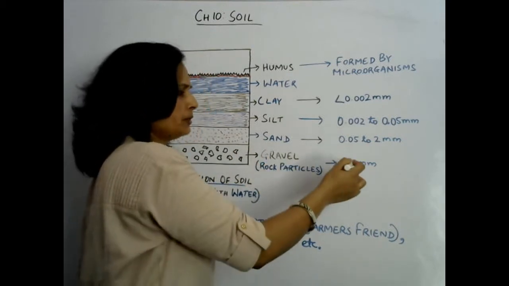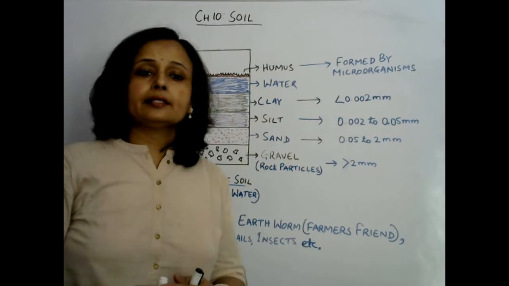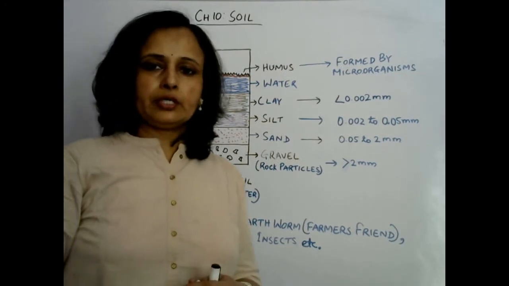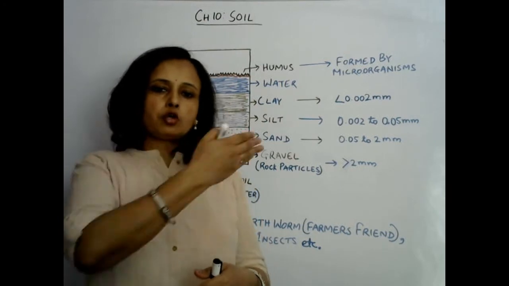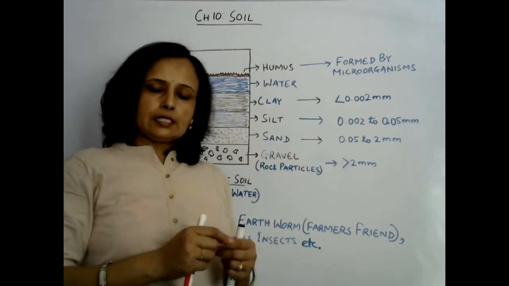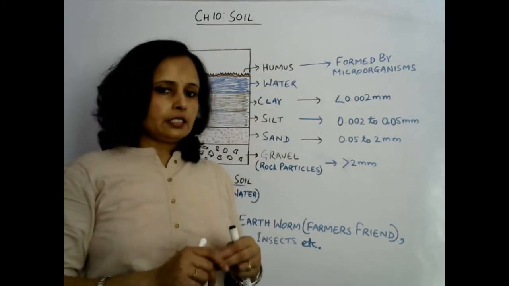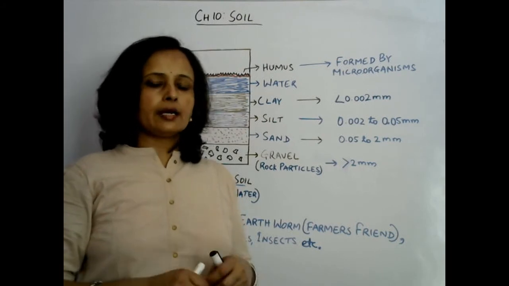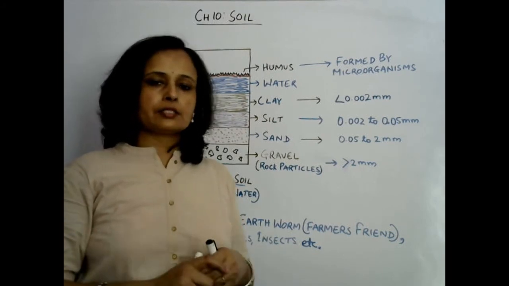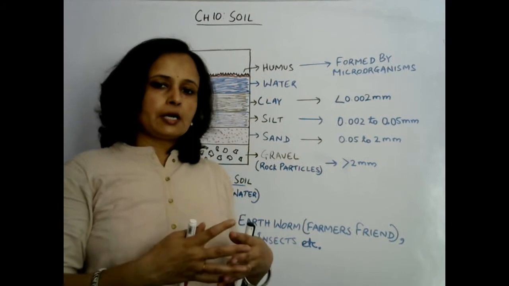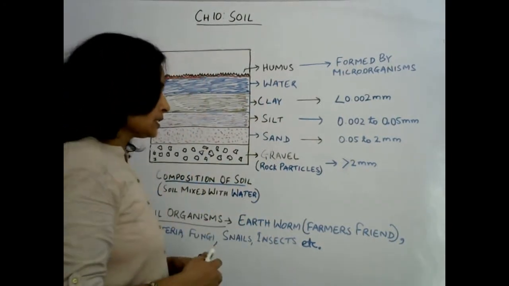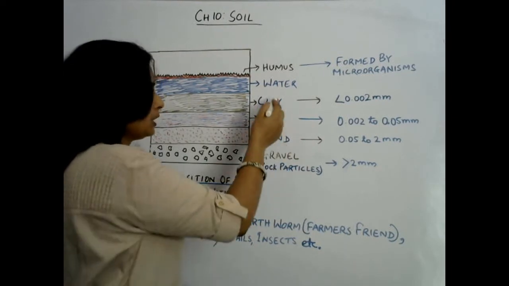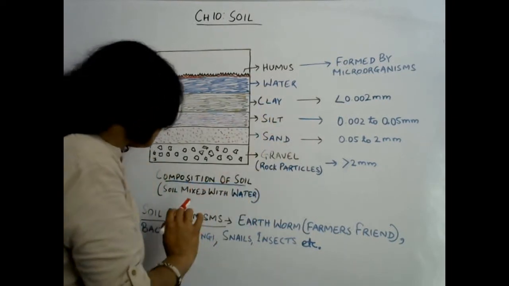And the size of gravel is greater than 2 millimeter. Okay, so we can see the comparison of size from top to bottom. Clay is the smallest one, then silt is a little bit greater than clay, then sand, then gravel is the largest particle of soil. All these parts basically make soil. Okay, these particles make the composition of soil.